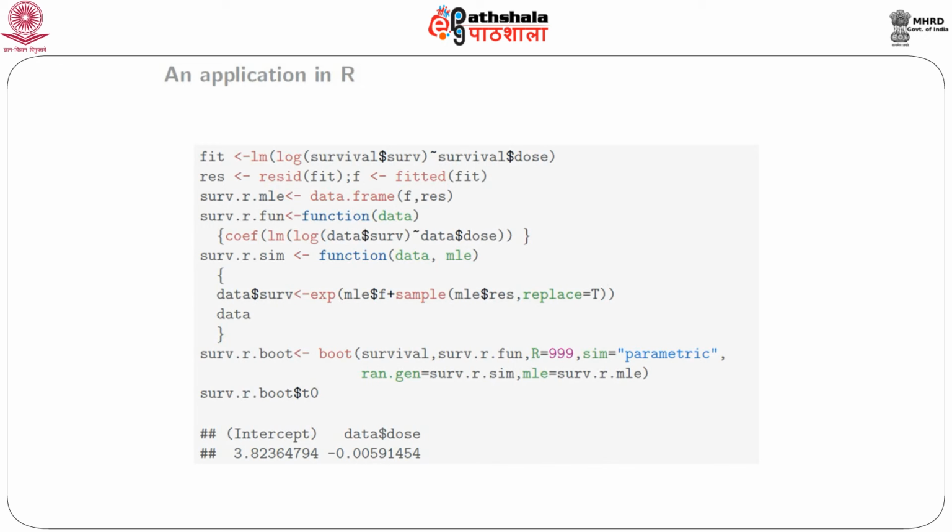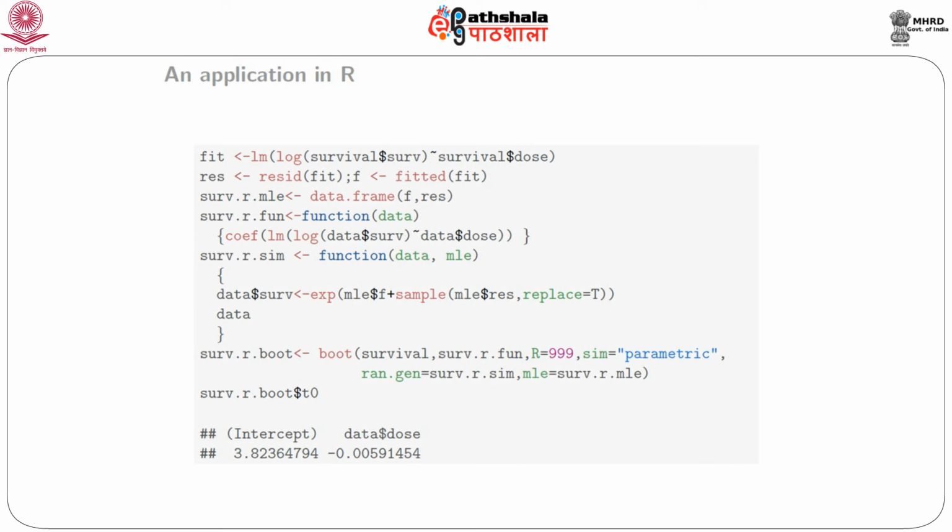Now, we can perform the same analysis using the bootstrap of the residuals only. To do that, we use fit <- lm(log(survival$surf) ~ survival$dose), that is, log surf explained by dose for data survival, and we store it in fit.